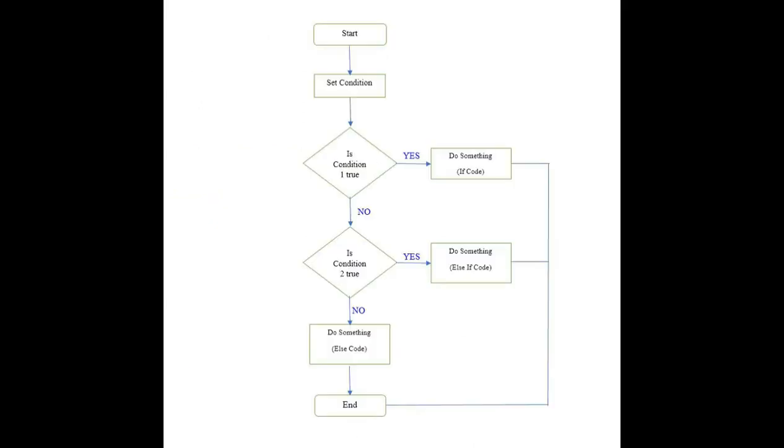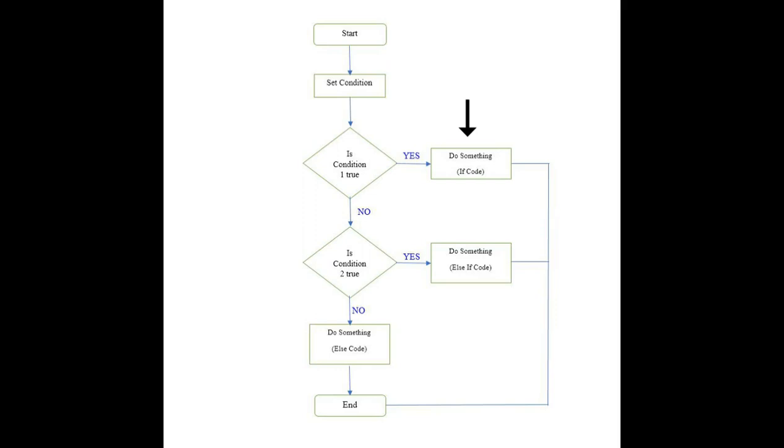Let's just have a quick look at a typical flowchart for an else if statement. So we start the code right at the top with the start statement. Next we actually set the condition, and then we do the first comparison of the condition. If that comparison is true, then the if part of the code will run.